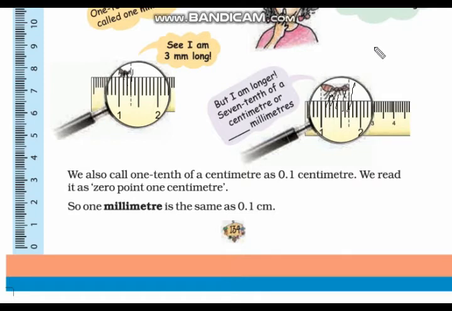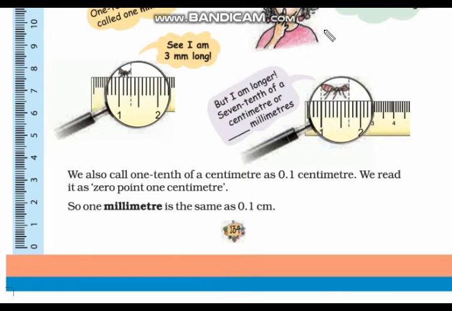So this is 7 millimeter, and 7 millimeter if we convert into centimeter, we can write that 7/10 of a centimeter. That means 7/10 centimeter. So 7/10 centimeter is equal to 7 millimeter. So we can write here answer 7 millimeter.